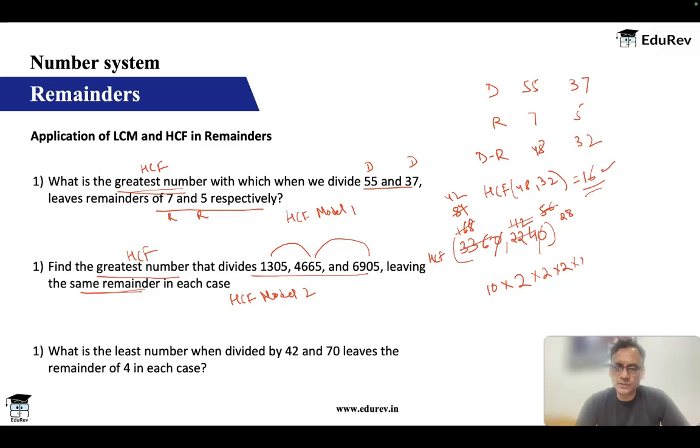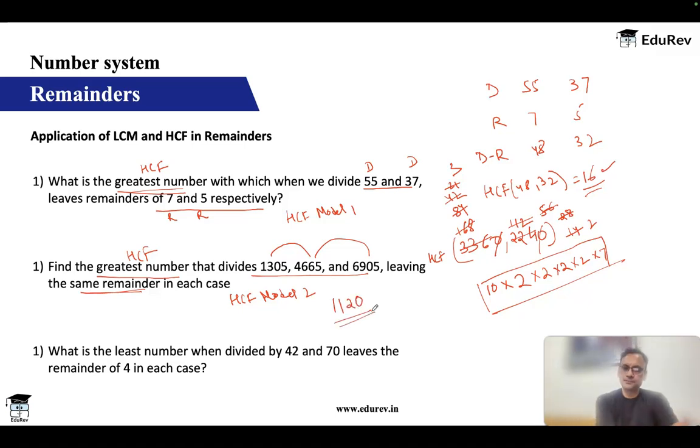One more 2 is common, 28 becomes 14, 42 becomes 21. 7 is common, this becomes 2 and this becomes 3. So this is the HCF, which is 10 into 2, 20, 20 into 2, 40, 40 into 2, 80, 80 into 2, 160, 160 into 7. That will give you 800 plus 320, 1120. So 1120 is your highest possible number.